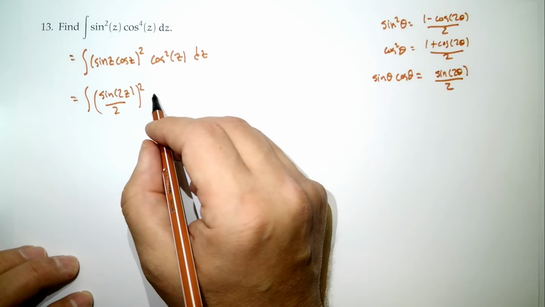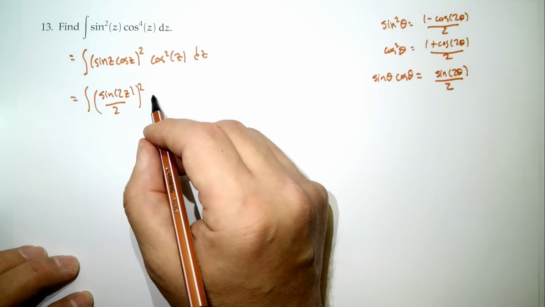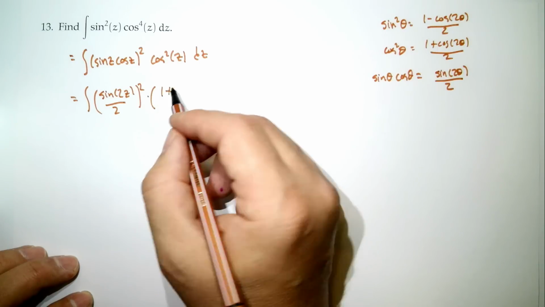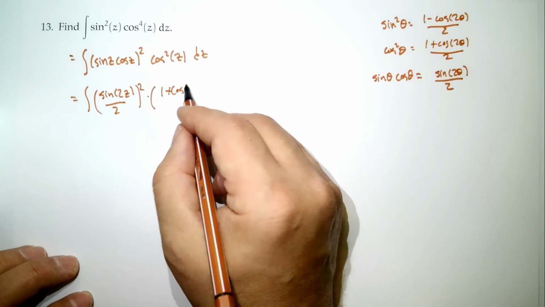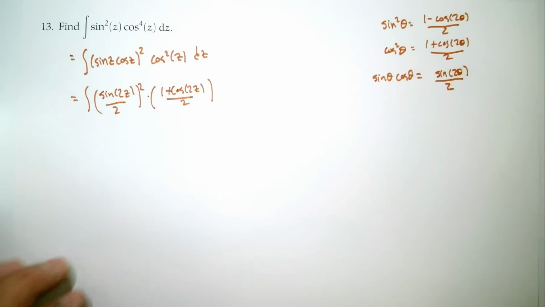Then we have the cosine of 2z. Well, let's see, what's that going to be? That is going to be 1 plus cosine 2z over 2. All right.